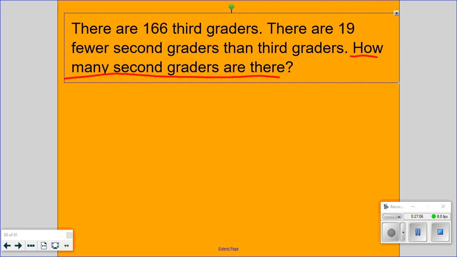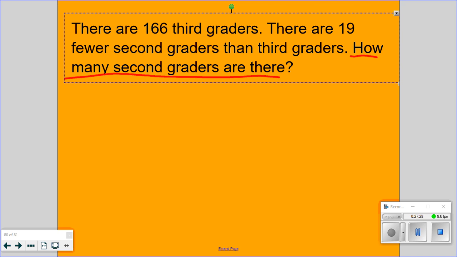The question says, how many second graders are there? What's going to be the answer to that? Flip it. How many second graders are there? Evelyn? There are blank second graders.